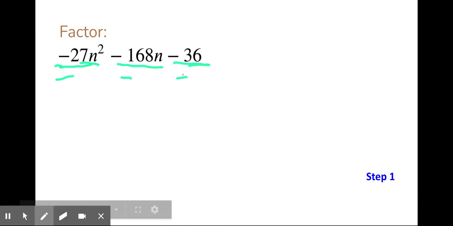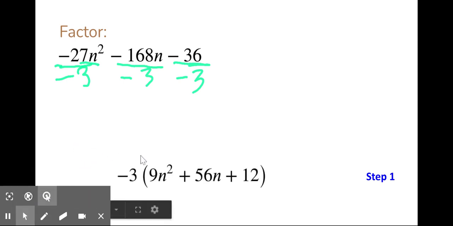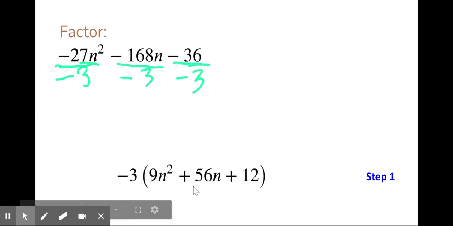Looking at it, I think the largest number that goes into all three of these is negative 3. So I'm going to divide out negative 3. And when I divide out negative 3, I get 9n squared plus 56n plus 12.